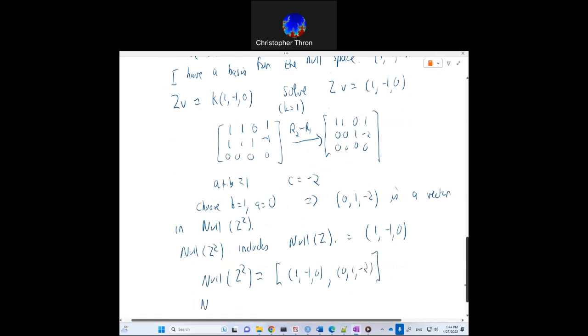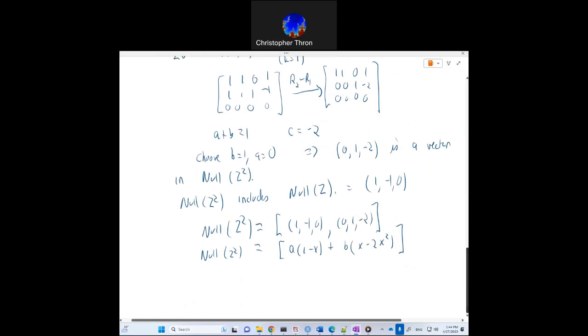And if I wanted to do the null space of small z, it's equal to the span of, so I can say a times (1 - x) plus b times (x - 2x squared). Okay, so that's the general null space of z squared.